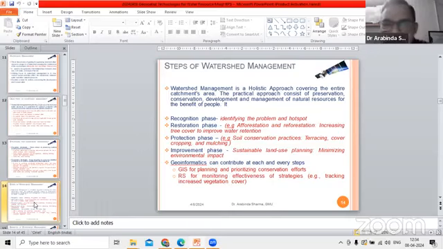And then the improvement phase. Improvement phase means whatever we are practicing in that area should yield a sustainable result. It is not for a short time, but for a very long period of time. Year after year, we will get the benefit, right? Suppose we have implemented something, so that implementation will yield some result.